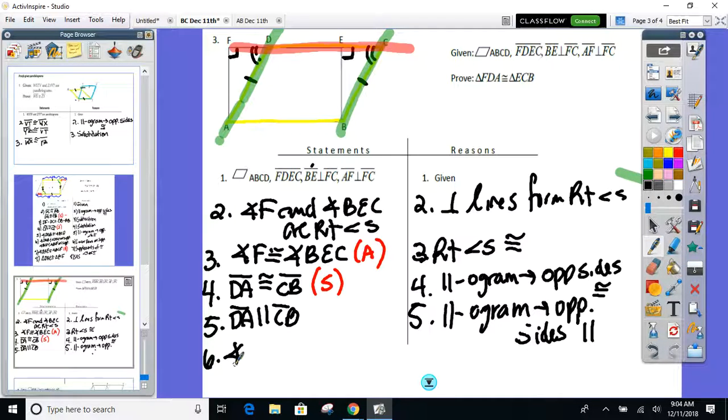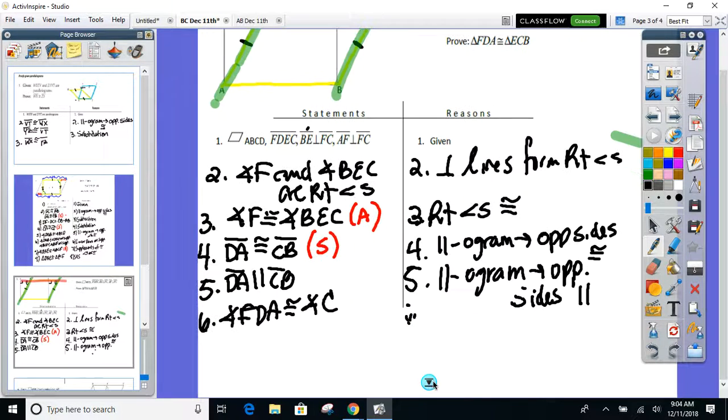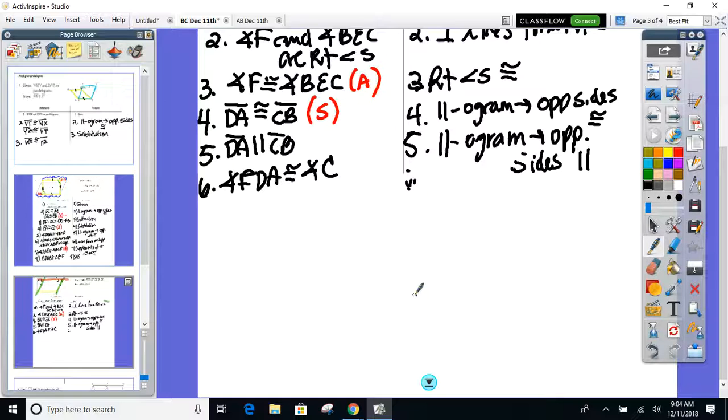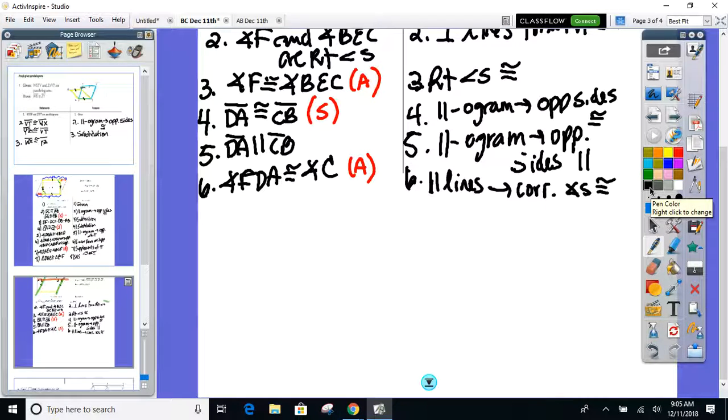So angle FDA congruent to angle C. What would be my reason here? Something we haven't used in a while. Parallel lines imply corresponding angles congruent. Nice. And that gives me the pair of angles I need. Looks like the triangles are congruent. You guys just need to figure out for me, is that side in between or not?